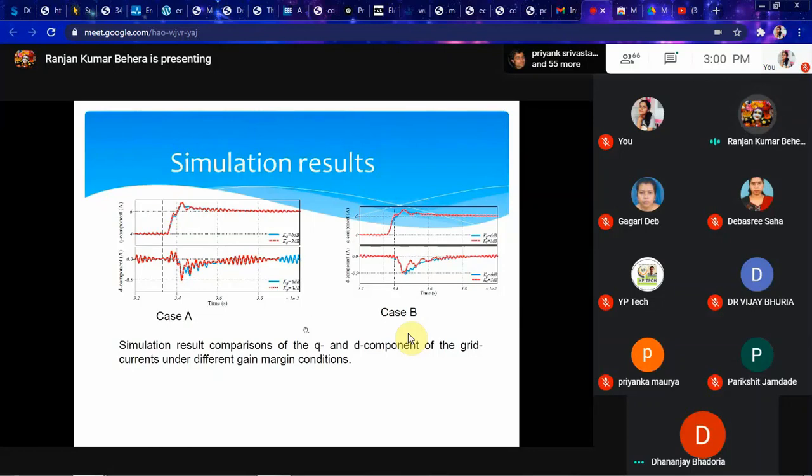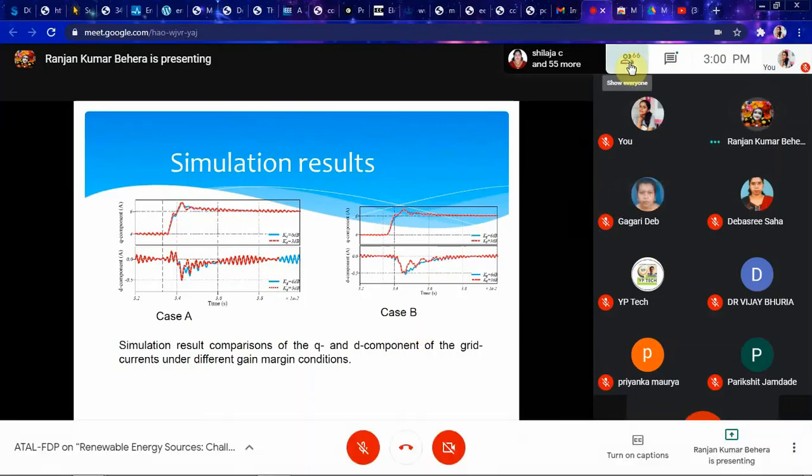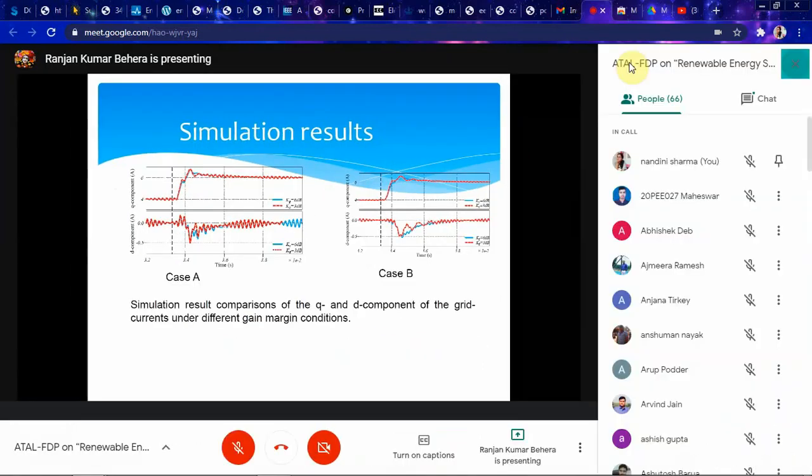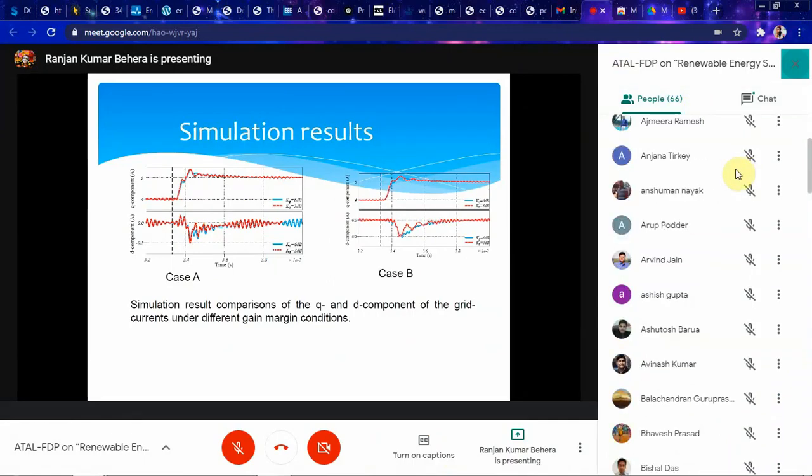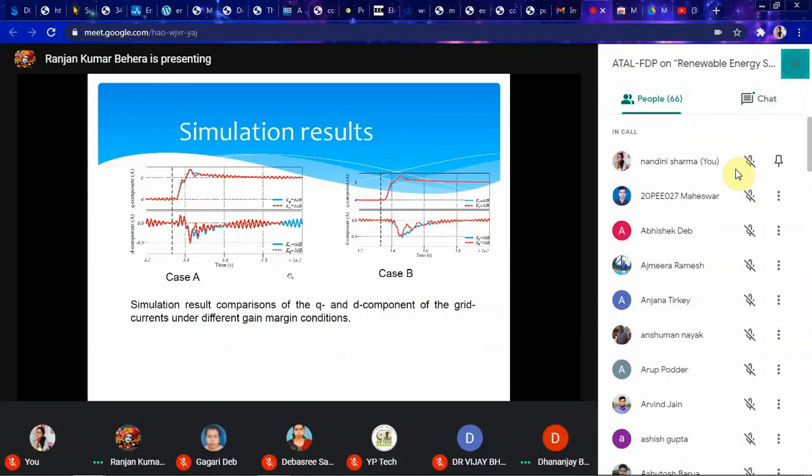You can see that the D axis and Q axis components are both decoupled. You see, when there is a change in the Q axis component, there is no effect on the D axis. And this is called the decoupling method, how you can decouple this system.